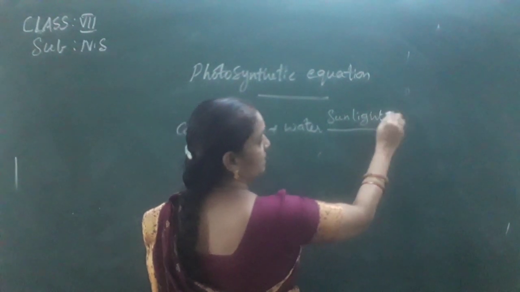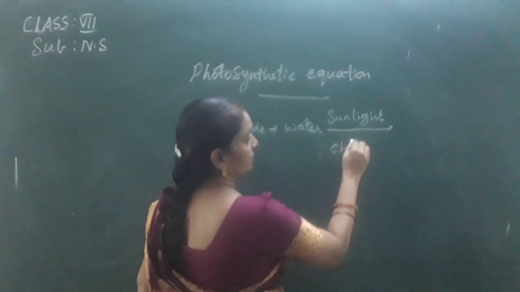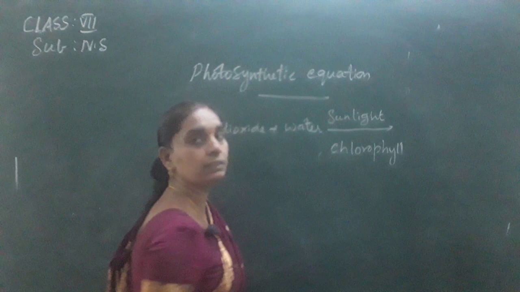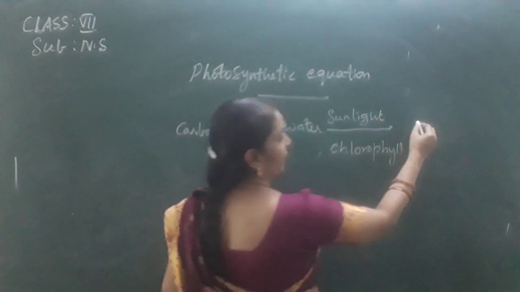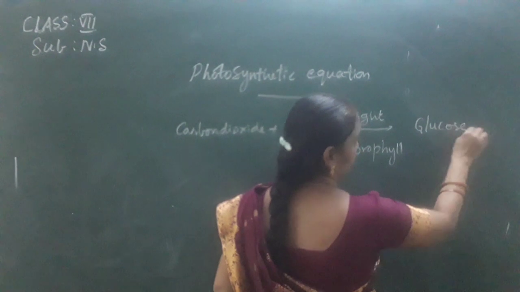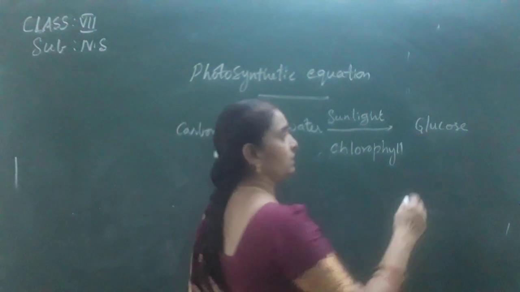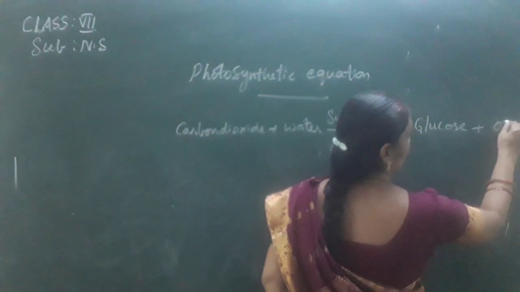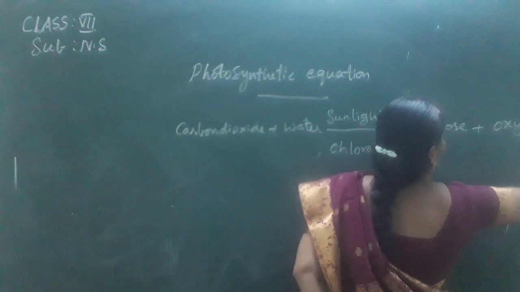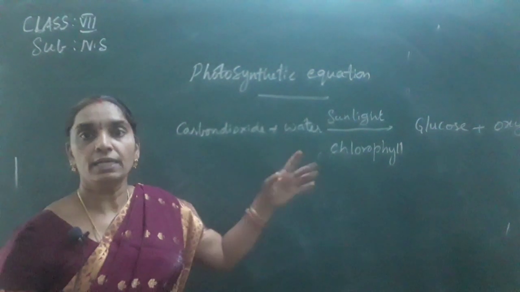That is, plants take the energy of the sun, and they contain chlorophyll, the green colored pigment present on the leaves, to prepare glucose, that is sugars or starch. Simple sugars are converted to starch, and oxygen and water are given out. These are the byproducts of the photosynthetic reaction.